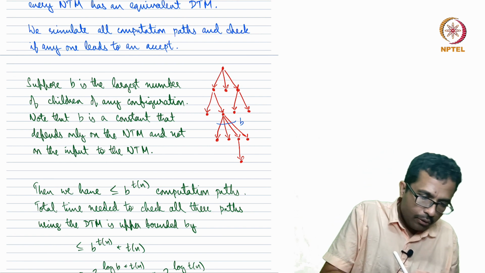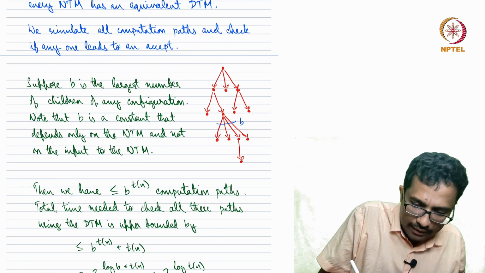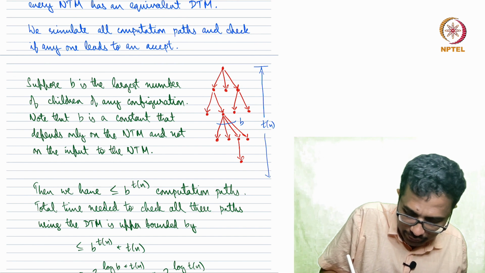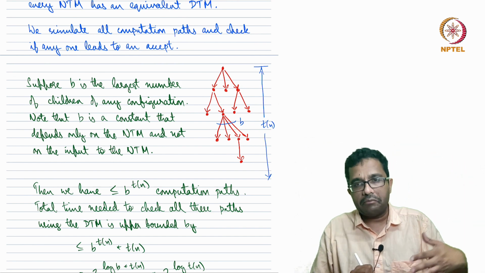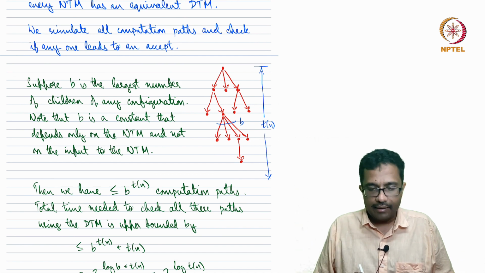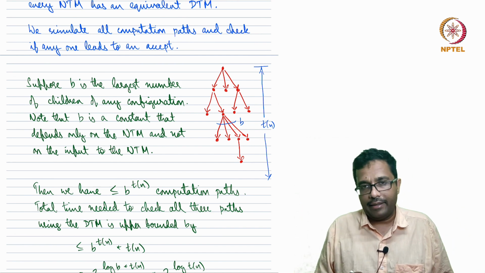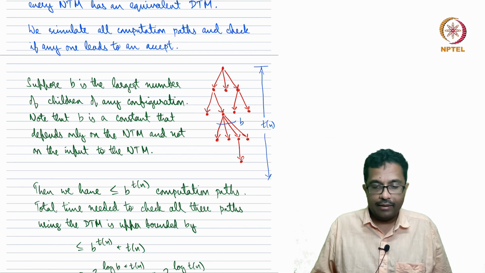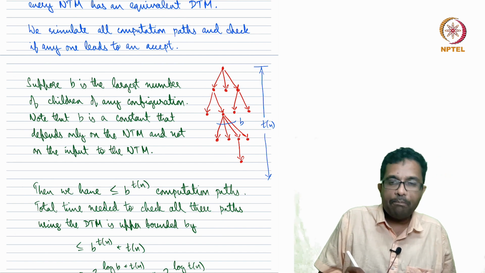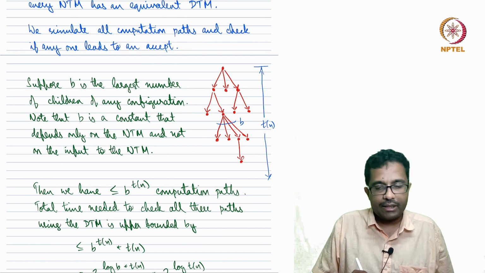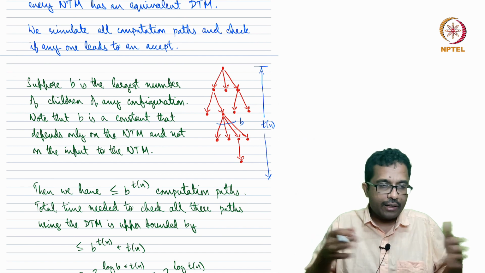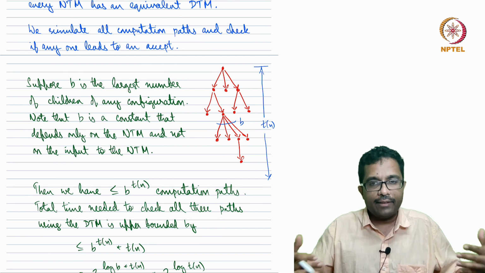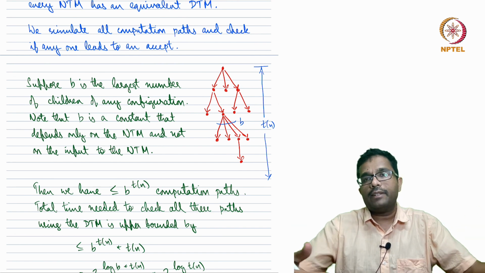Now we know that the non-deterministic Turing machine runs in time t(n), which means this whole computation, from the root to the farthest leaf, has height t(n). Since every configuration can have at most b children, there could be at most b to the power t(n) computation paths. From the root there are b children, from each of those there are b further children, so the second level has b squared, the third level has b cubed, and so on.